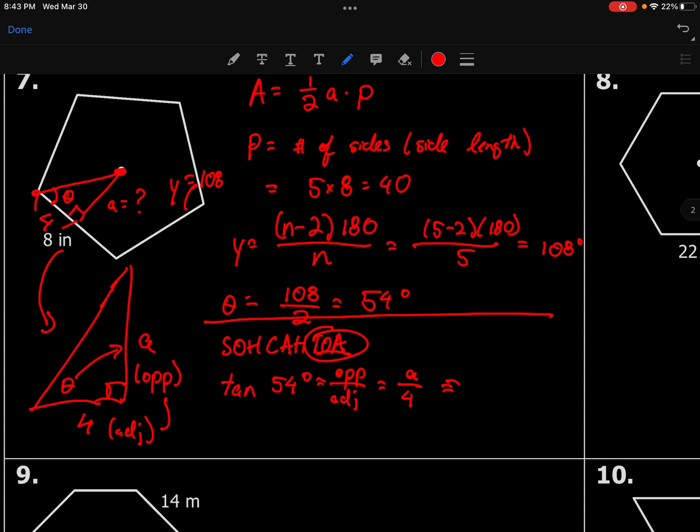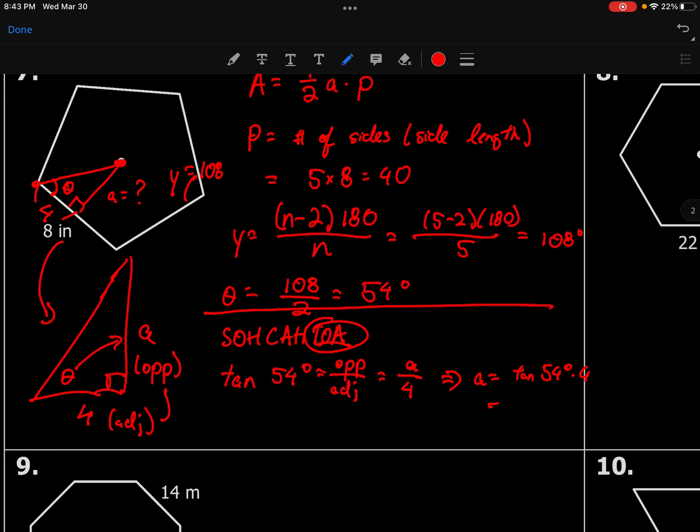If you solve for a, you find that a is equal to tangent of 54 degrees times 4. Make sure your calculator is in degrees, which will tell you a is equal to around 5.51. Now we just need to find the area.